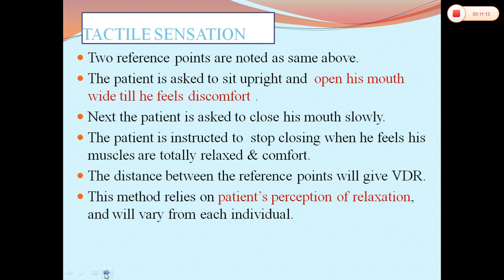The patient is instructed to stop closing when he feels his muscles are totally relaxed and comfortable. The distance between the reference points will give the vertical dimension at rest. This method relies on patient perception of relaxation and will vary from individual to individual.